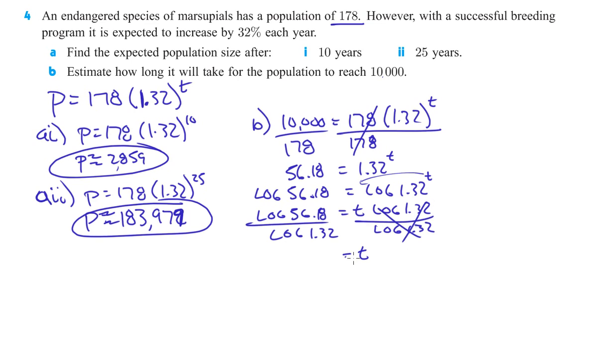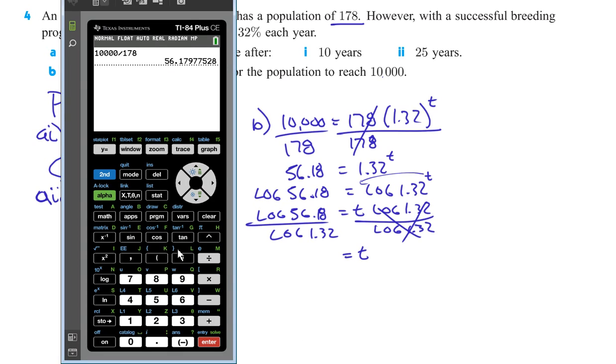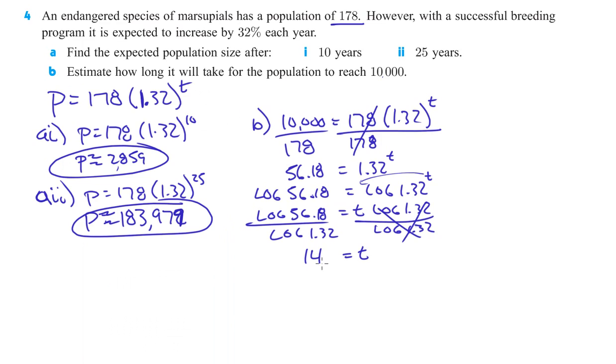And we get that t equals, so I'm going to take the log of that. It's already in there, so I'm going to do log of the second answer, so that it's not even rounded, 1.74 divided by log of 1.32. And that gives us, it's going to take about 14 and a half years for the population to reach 10,000.